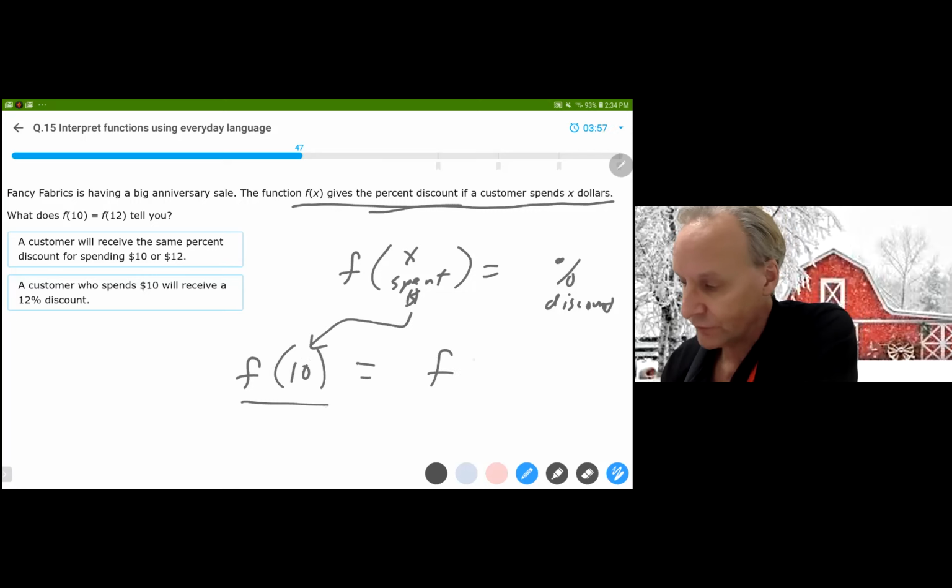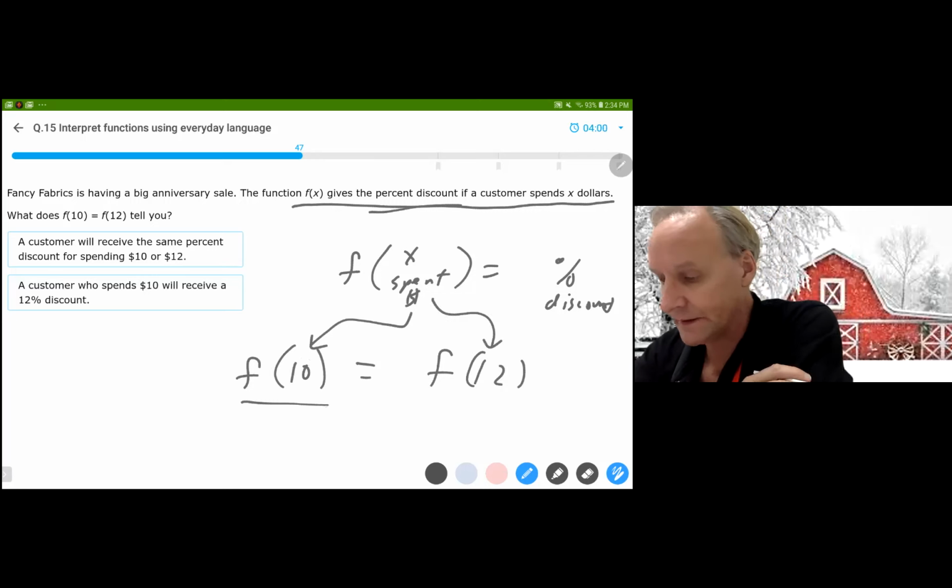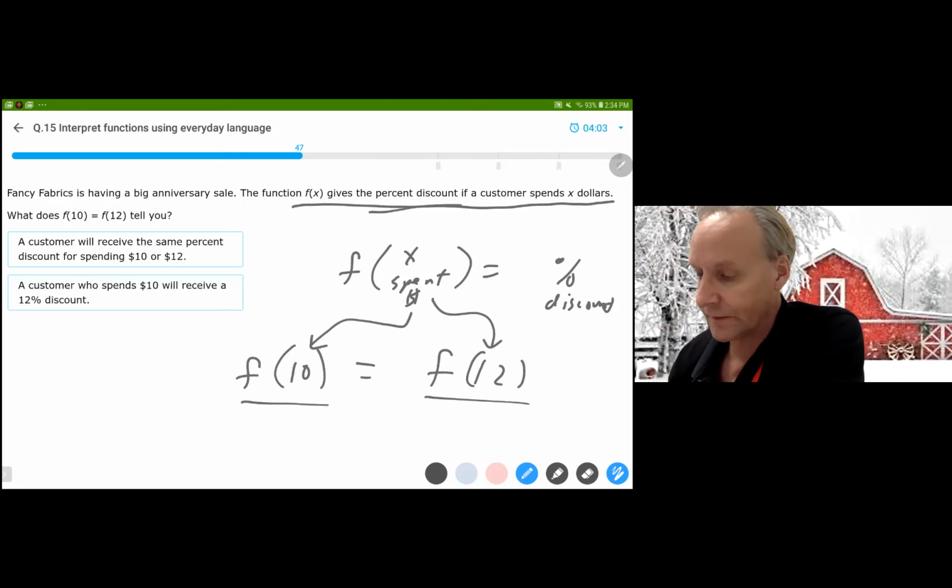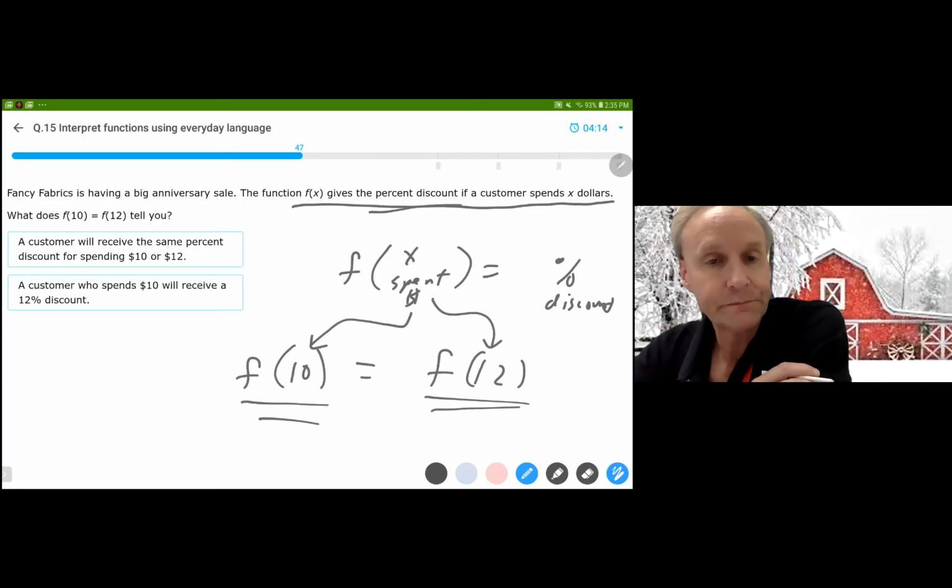And f of 12 says they spent $12 and they got a discount, and the discounts are the same. Not that one. There it is. A customer will get the same percent discount for spending $10 or $12.